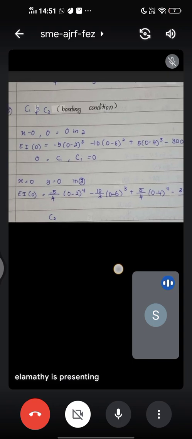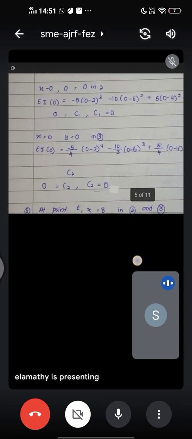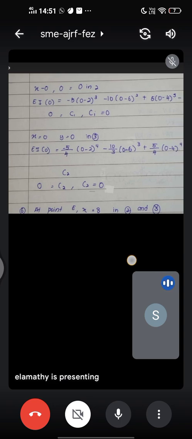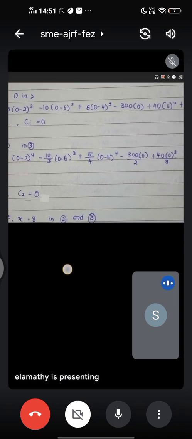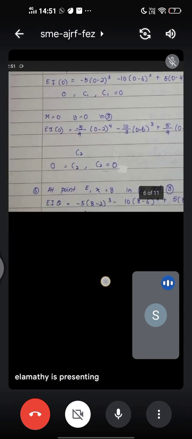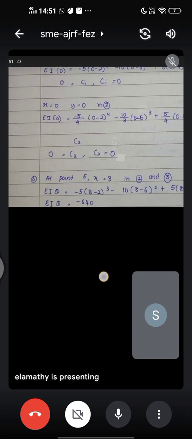So 0 equals C1, C1 equals 0. So x equals 0, y equals 0. We'll use another equation for C2, and this will be the EI equation. So 0 equals C2 and C2 equals 0.